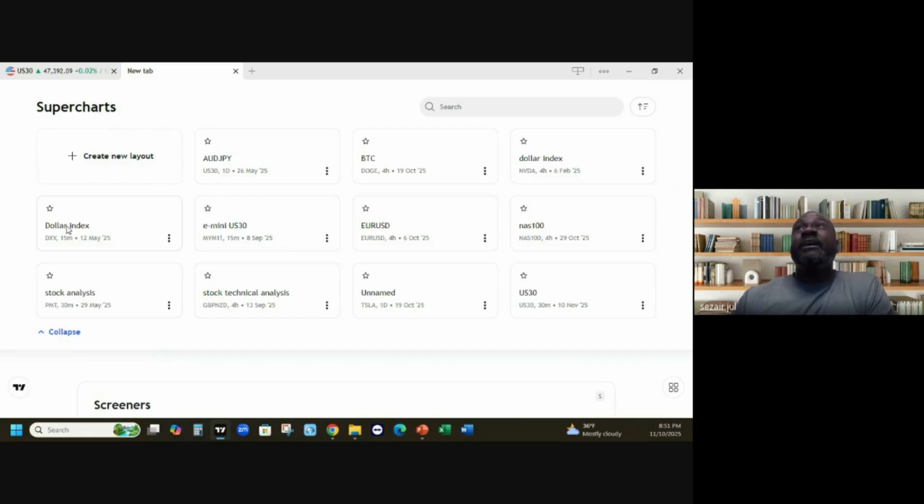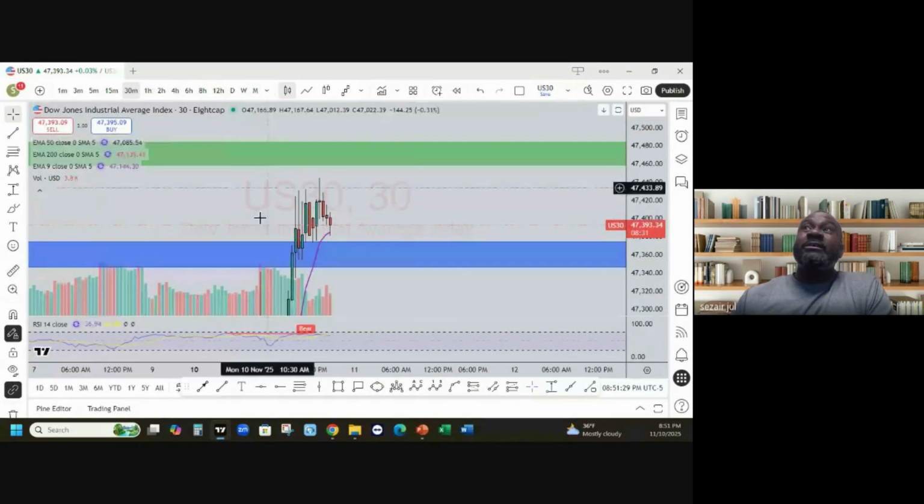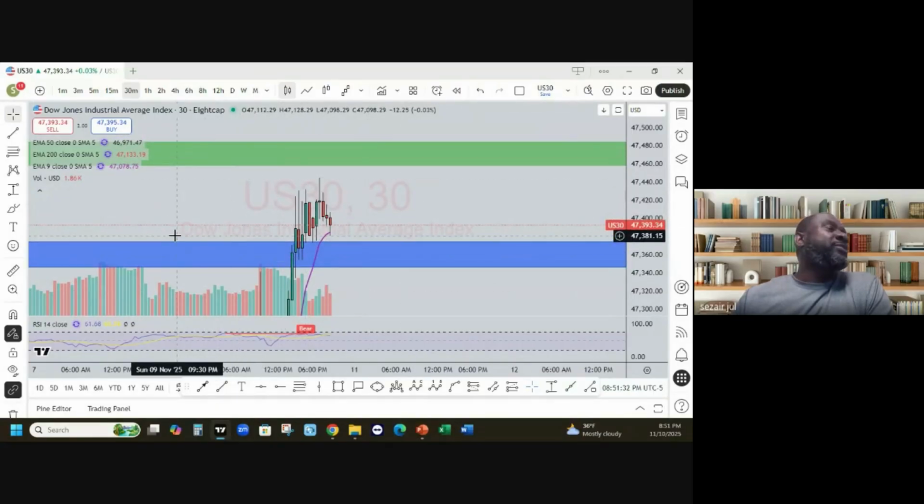Because I have the professional version, I can open up to 10 screens at the same time. You're not going to need 10 screens, but I think the first option gives you 3 or 4 screens. That'll be enough.